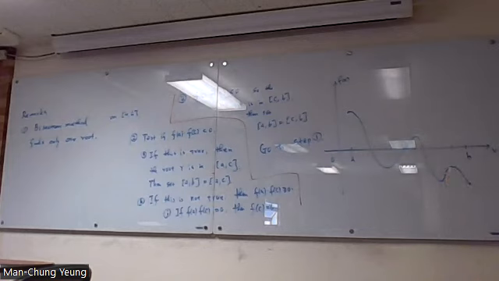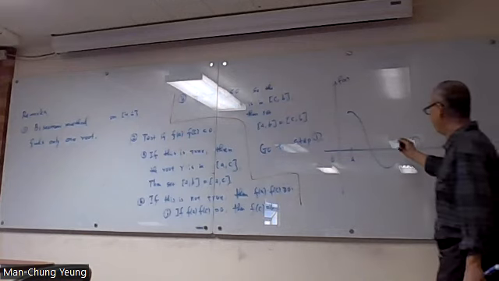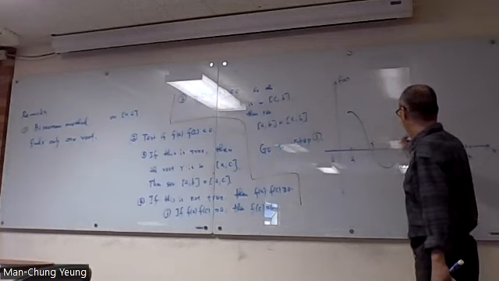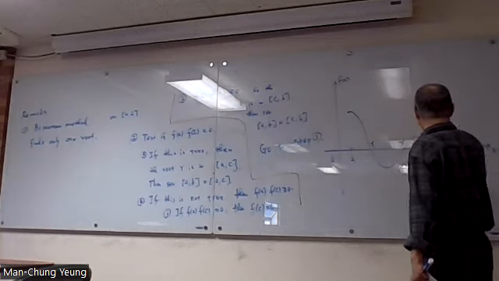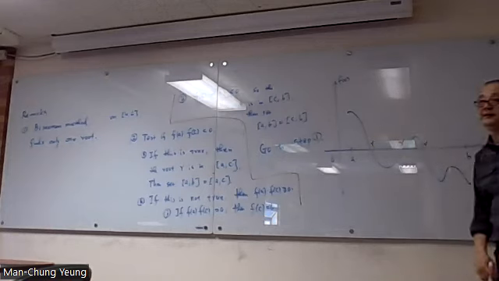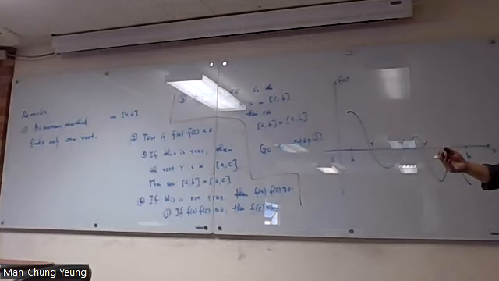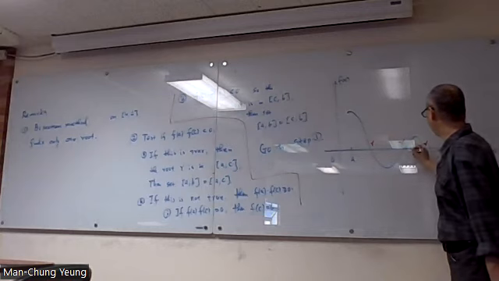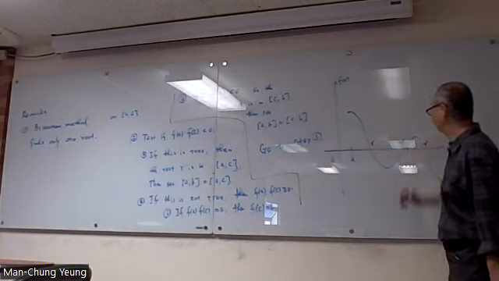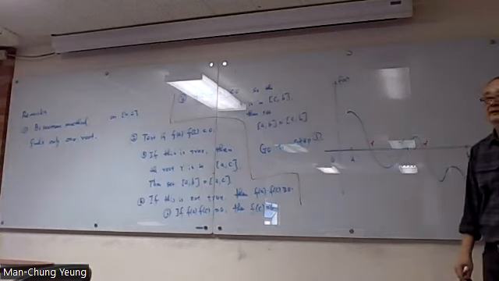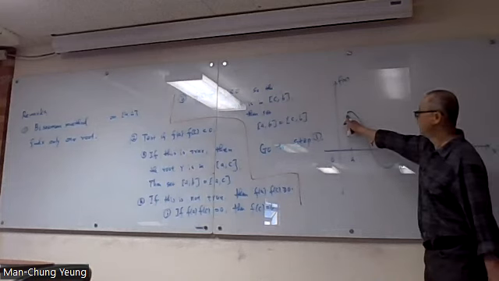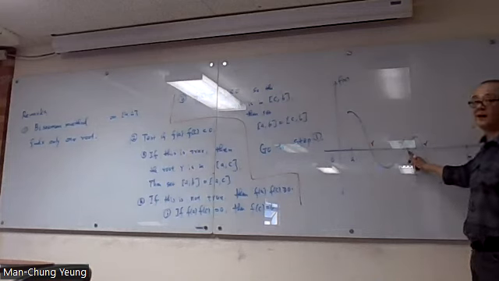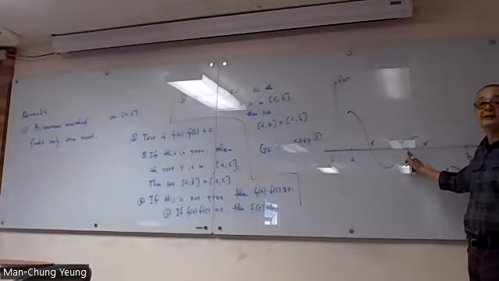If the graph looks like this, then the equation has three roots. Now if you run the bisection method on AB, take the midpoint about here. The function values at A and at C are both positive.